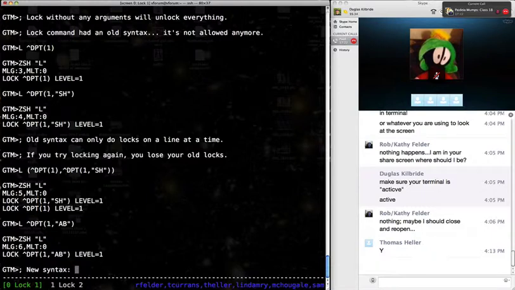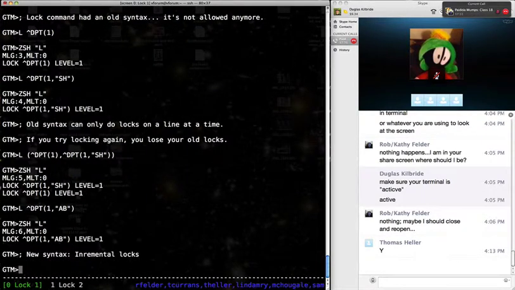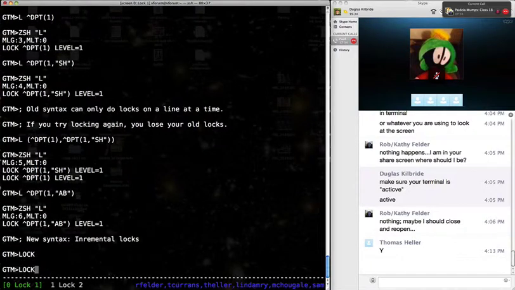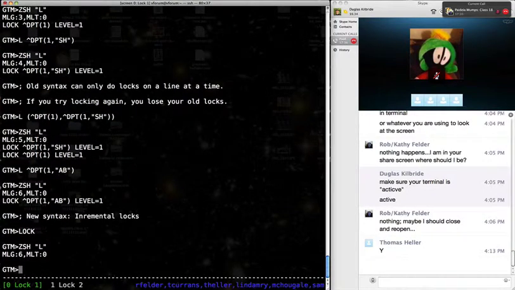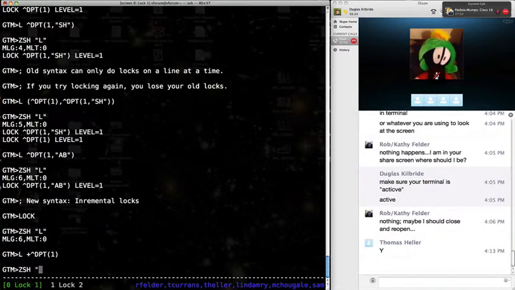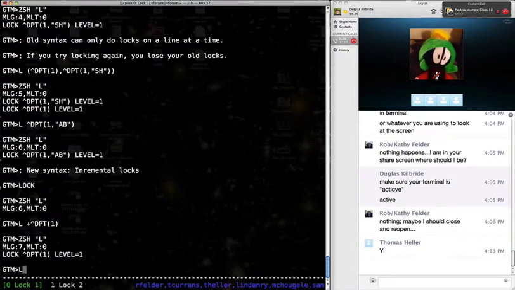We call the new syntax incremental locks. So I'm going to unlock everything to make sure that it's empty. So everything is unlocked now. Now I'm going to do lock plus. Notice the plus. That's the big difference. All right, then I'm going to try locking another node.